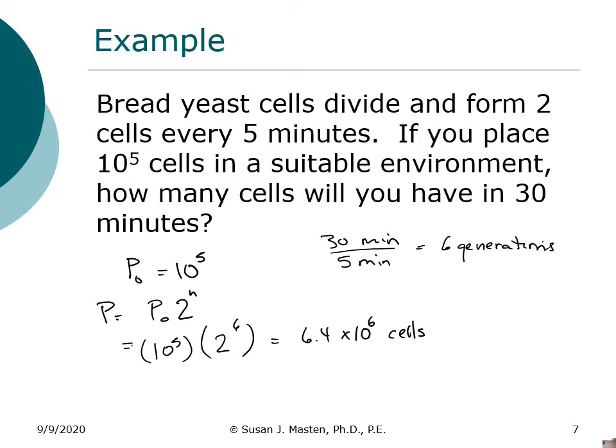So we have 30 minutes is the time. They're dividing every 5 minutes, so that means we have 6 generations. So the population after 30 minutes is equal to our initial population times 2 to the n, or 2 to the 6, and we would have 6.4 times 10 to the 6 cells.